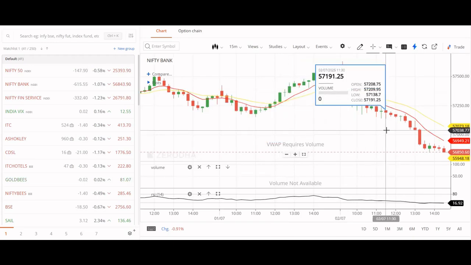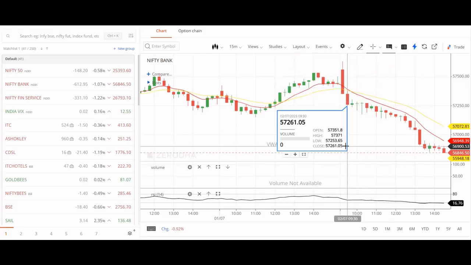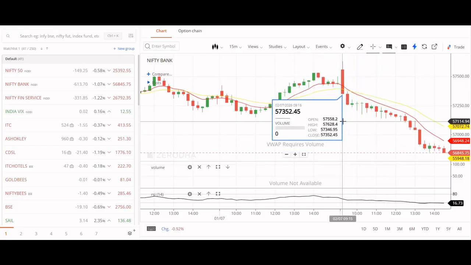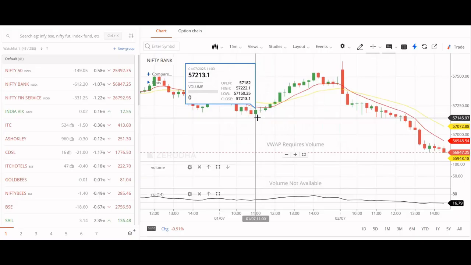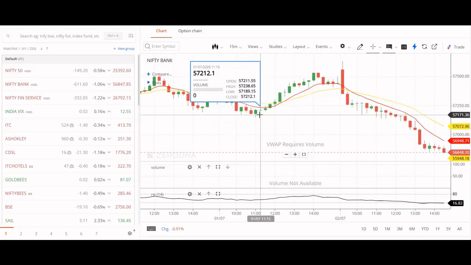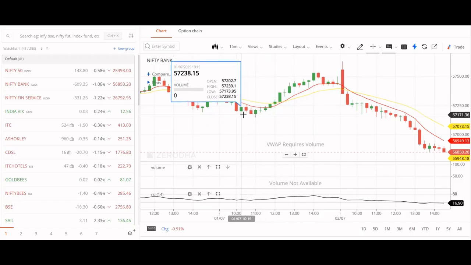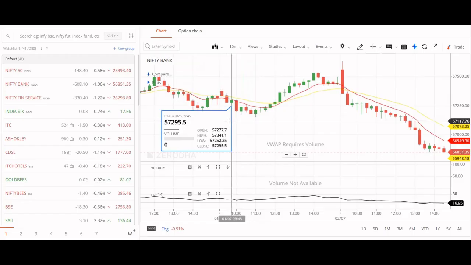So today it is 2nd of July 2025, and this is not a trade recommendation, it is just an example. On 1st of July, this candle makes the low.